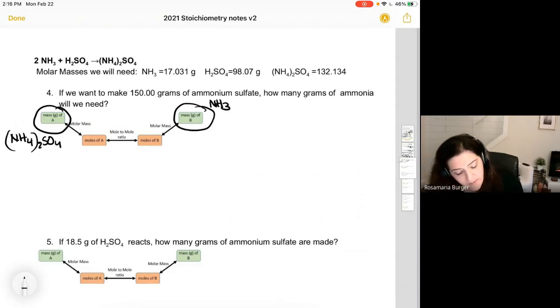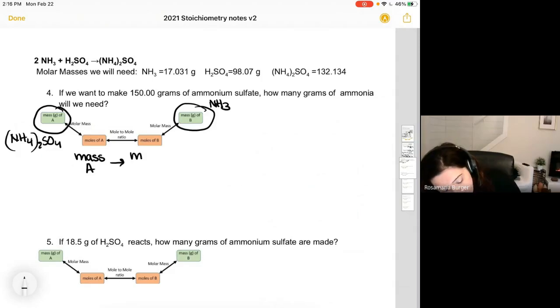The way we're going to do that is we're going to start with the mass that we're given, the mass of substance A, we'll just say A, so we don't have to write out all the letters. We're going to go to moles of A using our molar mass, and I actually have that up top here.